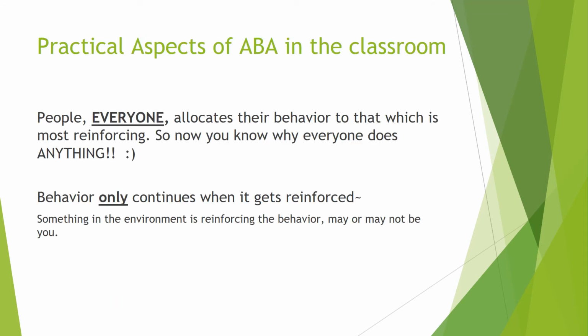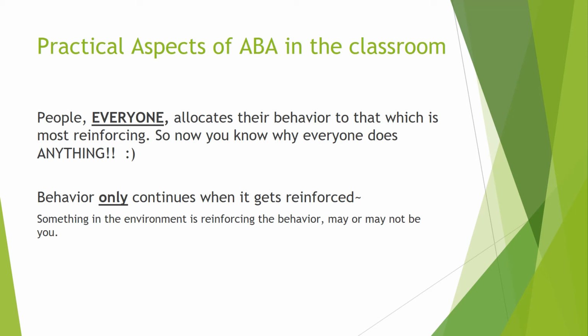So some practical aspects of ABA in the classroom to think about are that everyone allocates their behavior to that which is most reinforcing. So now that you know why everyone does anything that they do, you'll begin to understand that behavior only continues when it gets some reinforcement. So if a behavior continues over and over again, looking at those variables we talked about, both the antecedent that happens before and the consequence after, really analyzing what's going on during that three-term contingency that really causes that behavior to continue is going to be important.